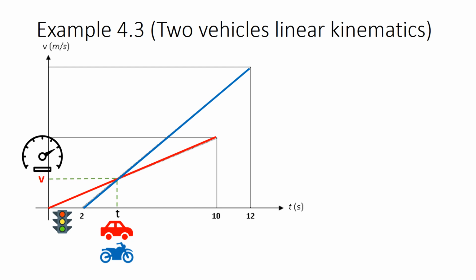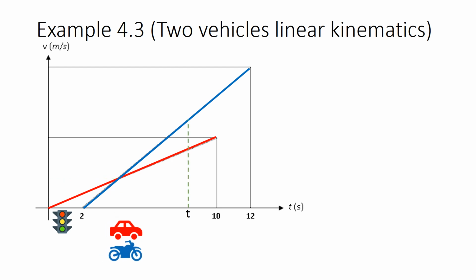But it doesn't mean that the bike actually caught up with the car. So, when will the bike actually catch up with the car along the VT graph? Let's take a look. At a certain time t, the bike will actually be able to catch up with the car. And at that instant, the displacement of the bike must be equal to the displacement of the car.